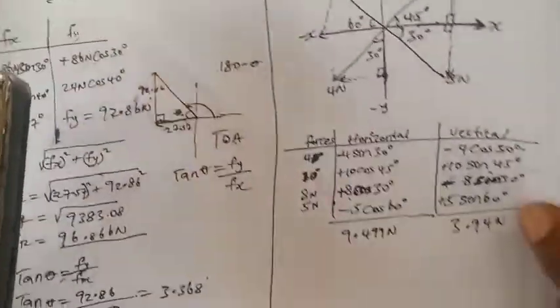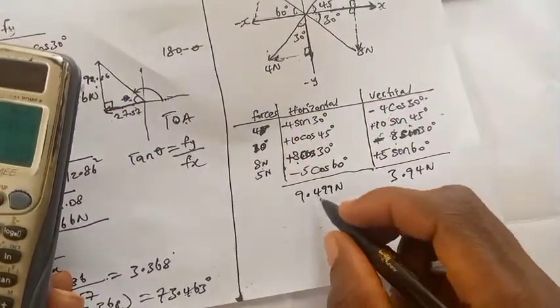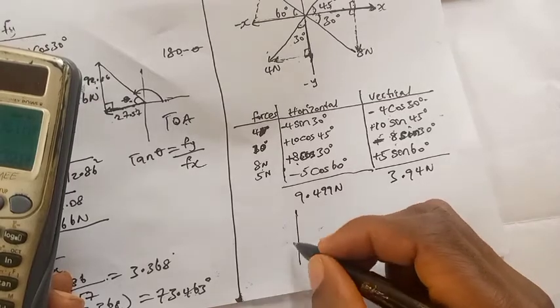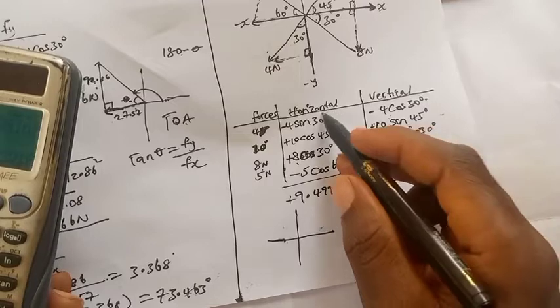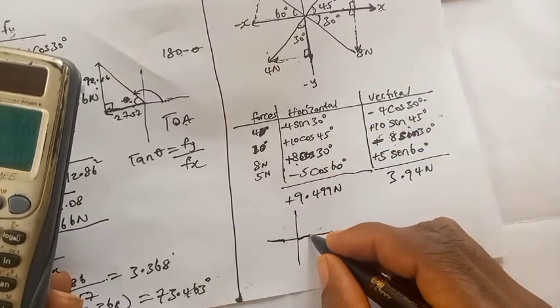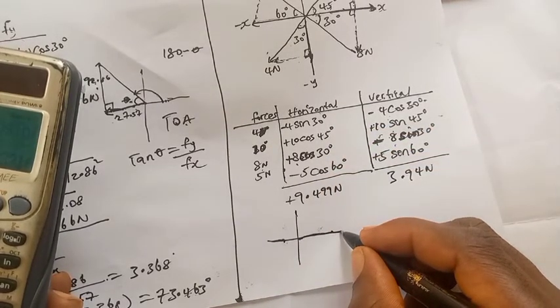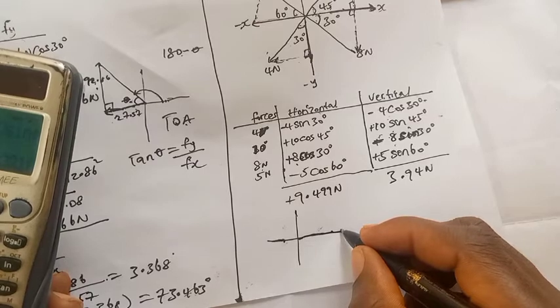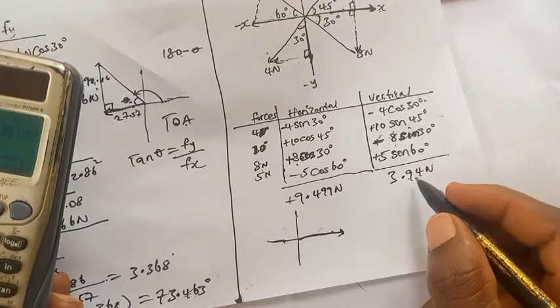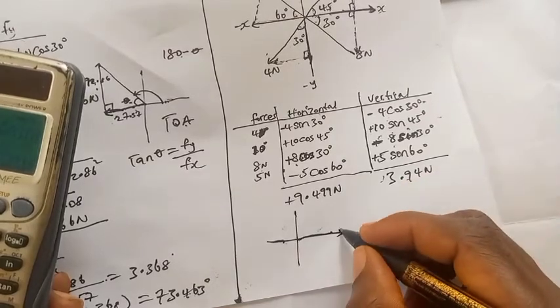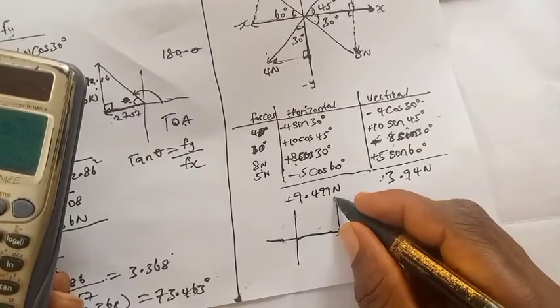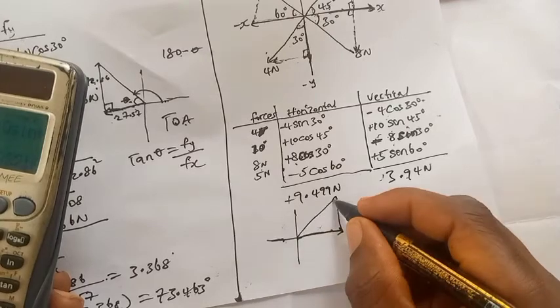So let's go ahead and find the resultant force. So let's do this on the Cartesian plane. Remember, this is the positive x-axis, so it's going to move this way up to 9.499, and then this is 3.94 Newton, and then it's positive, so it's going to move in the positive y-axis.